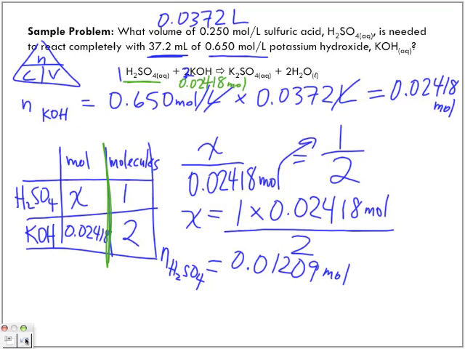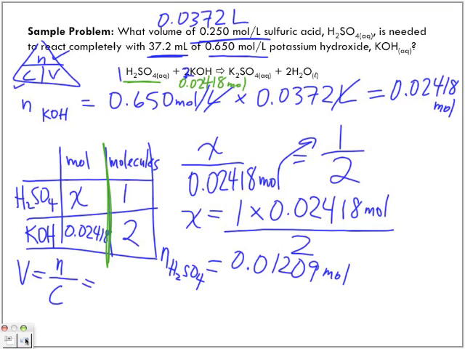Now, we've got the number of moles of sulfuric acid. We've got the concentration of the sulfuric acid. We have the C, we have the N. What are we trying to find now? The volume. So the volume is equal to the number of moles over the concentration.